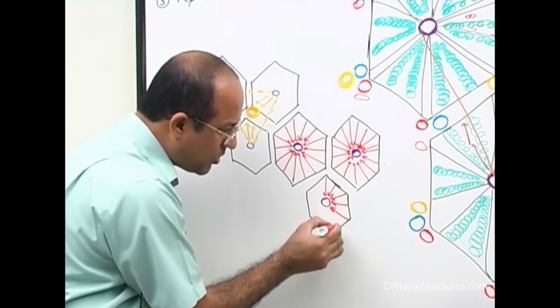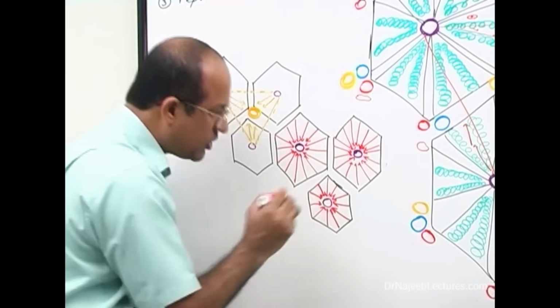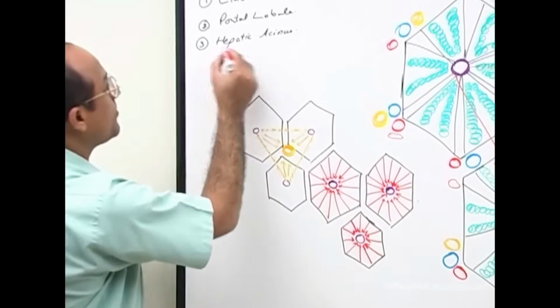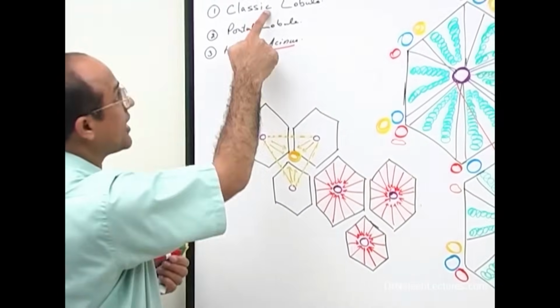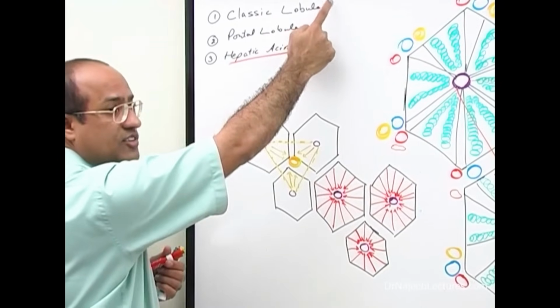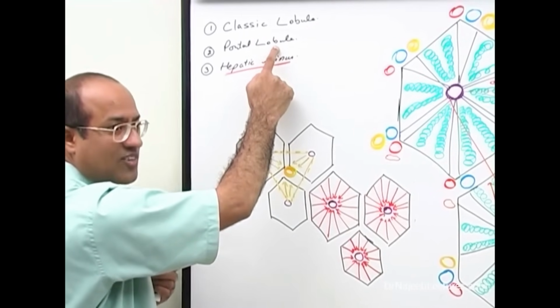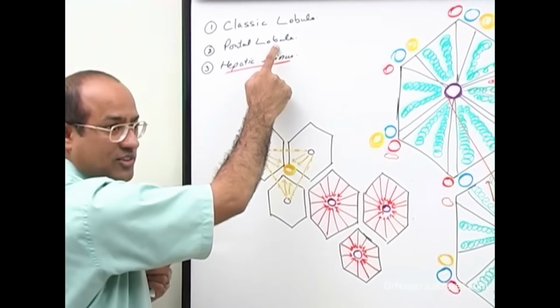I will tell you how we will describe it in another way, and that arrangement is called hepatic acinus. We have explained classic lobule and portal lobule. In the center of the classic lobule there was the central vein. In the center of the portal lobule there was the portal triad or bile draining system, right?